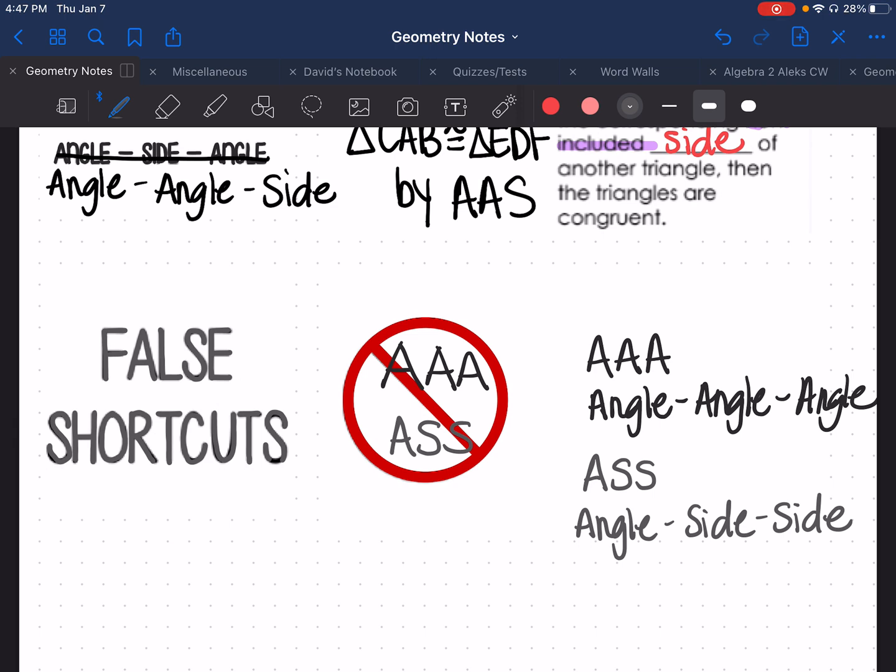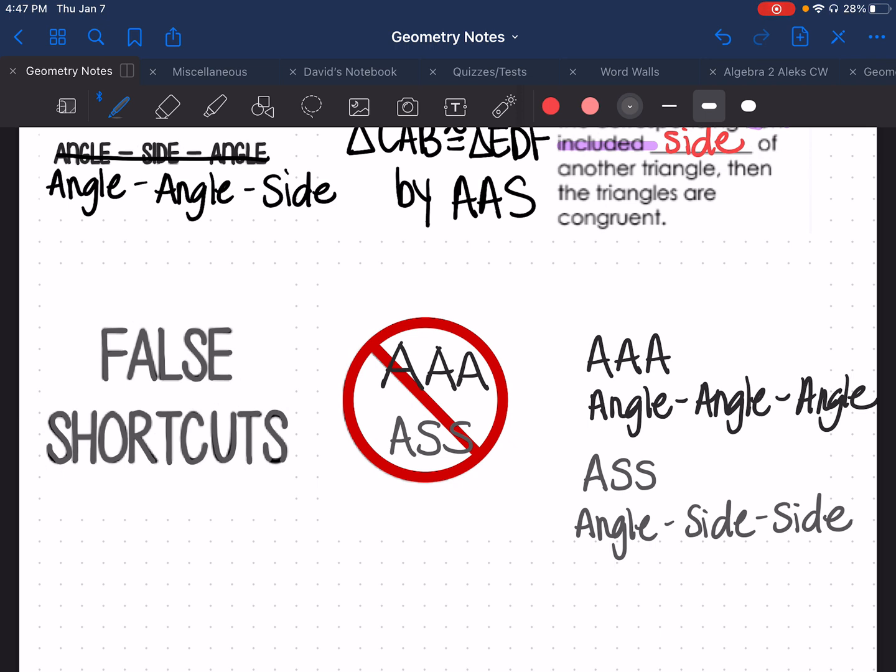If you have an angle that is non-included between the two sides, your triangle does this thing where it doesn't lock into place, and you can't get the sides to be the same lengths in both of my triangles. So you can show me your sass, but you can't show me your ass, ladies and gentlemen. Yeah, you can use sass. You can put that angle in between the two sides, but you can't have it only next to one side.